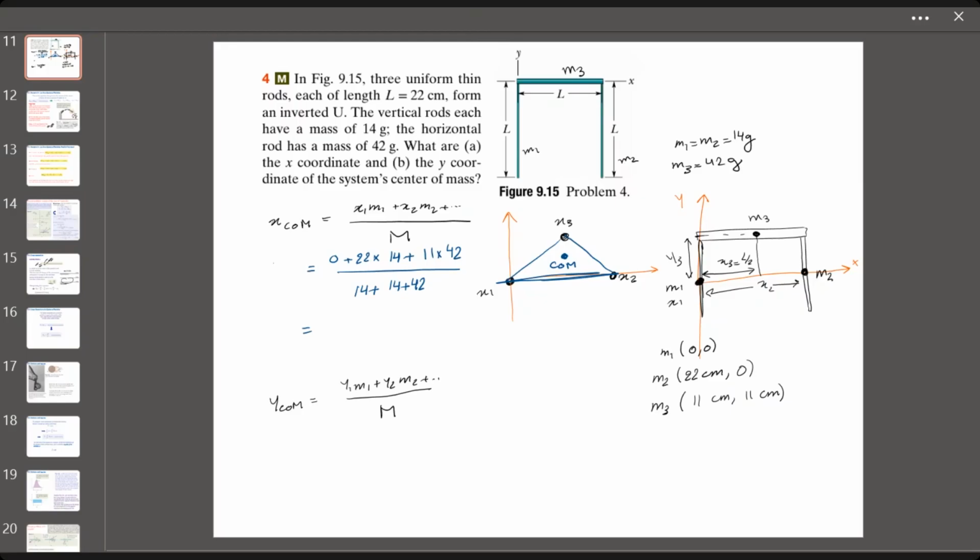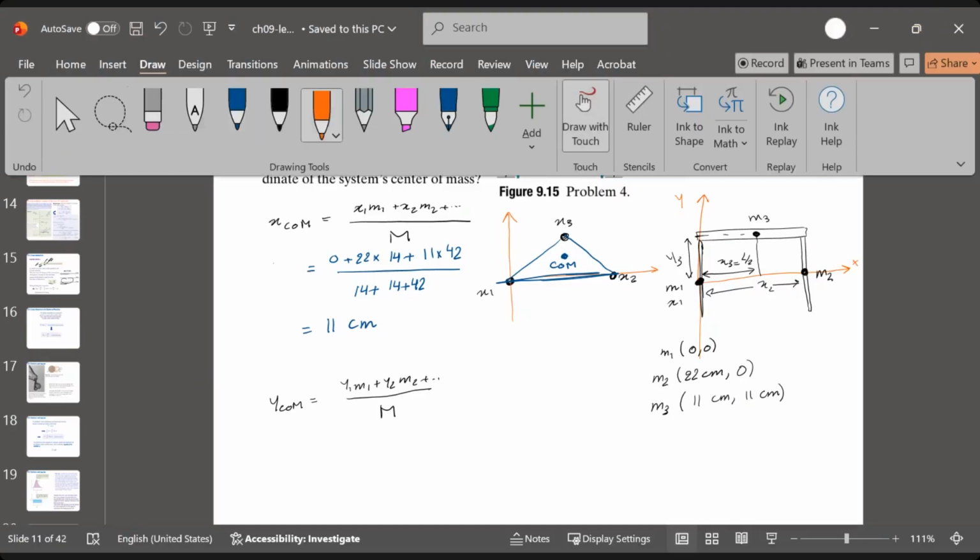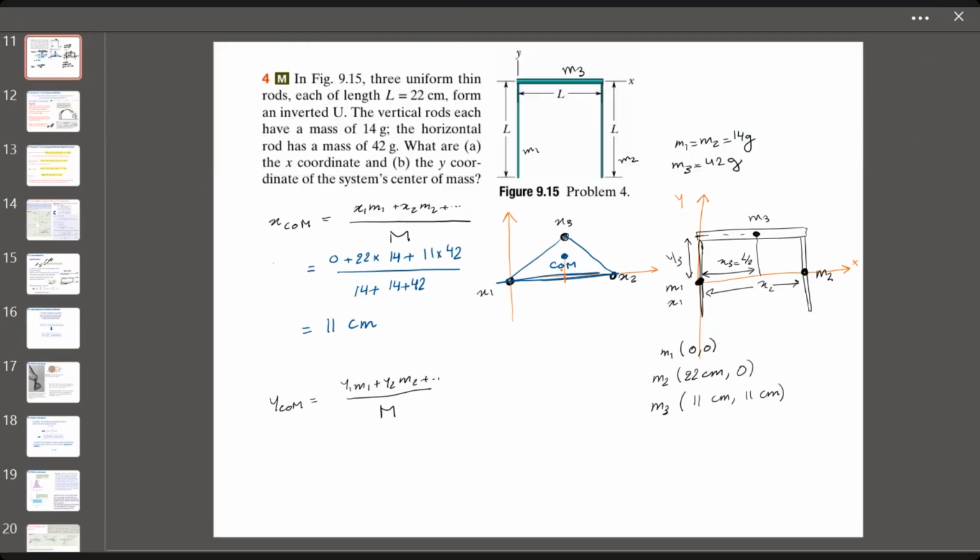So I'm just going to calculate this. I got 11 centimeters here. So x of the center of mass is at 11 centimeters over here.